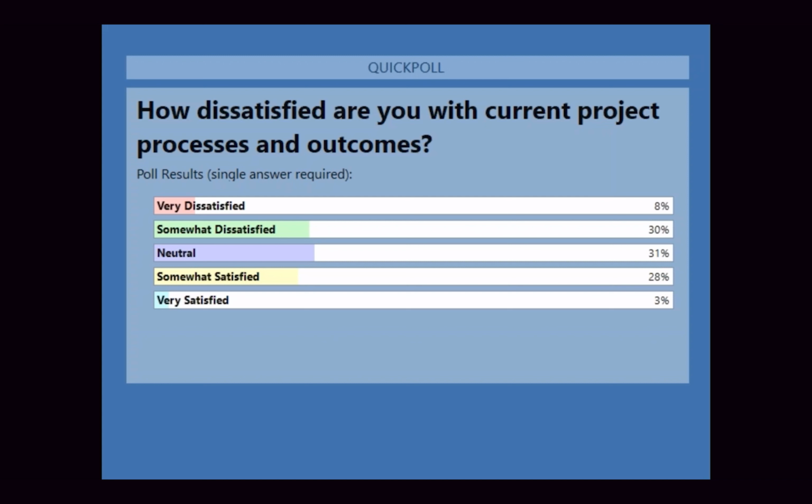Now we've added in many layers of lean language, but really the ultimate goal is we want to have good outcomes when we show up to work every day. No one wants to be miserable. So I like the fact that we're somewhere in the middle of somewhat satisfied, neutral, and somewhat dissatisfied. It tells us that we have work to do, but we are improving.